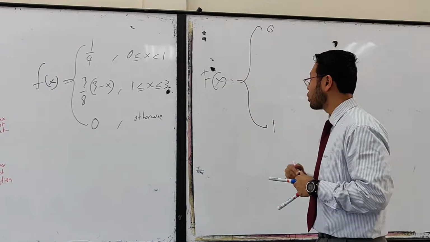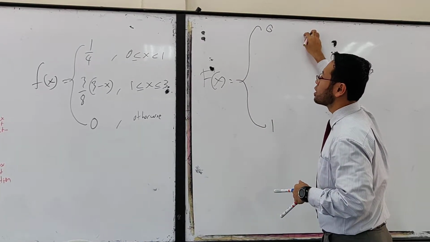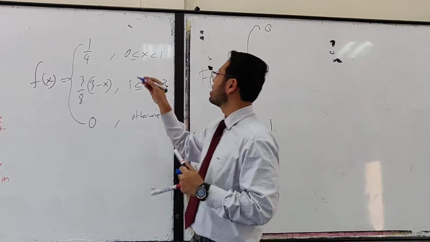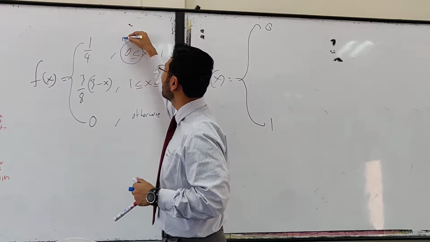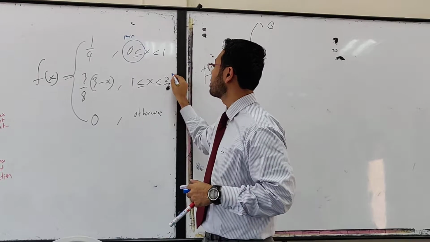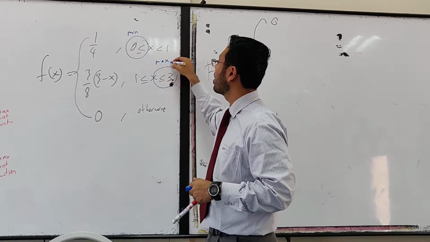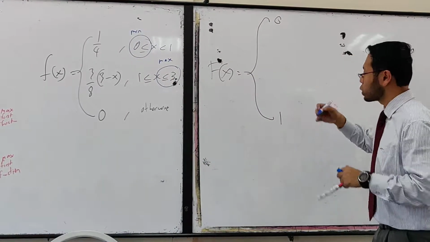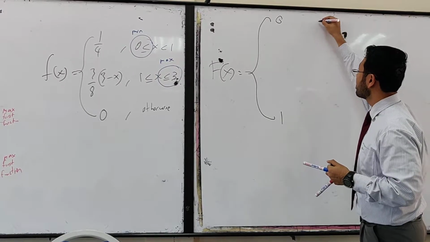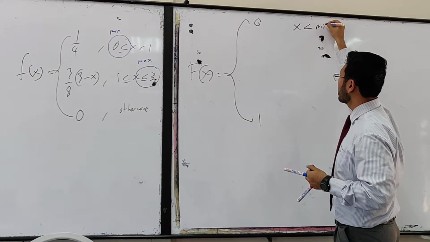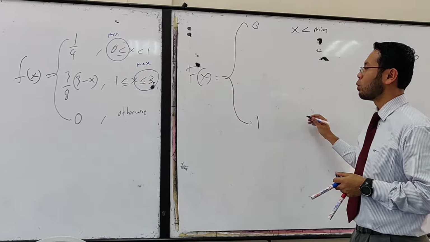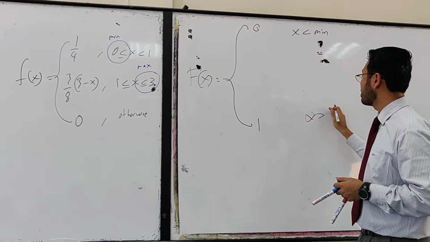The first one is x less than min, see the minimum here, and here's the maximum. And 1 will be x more than max.